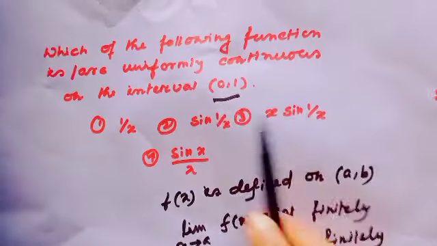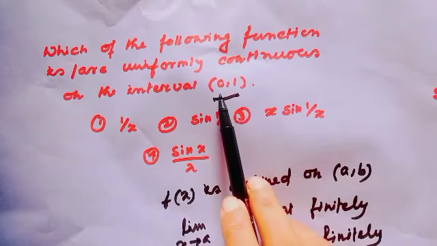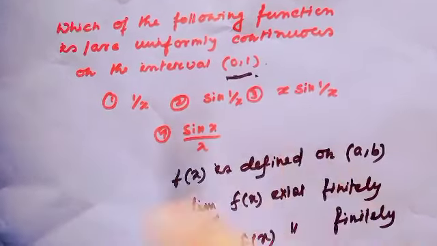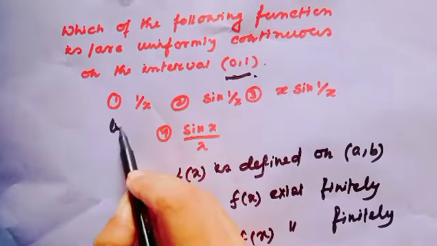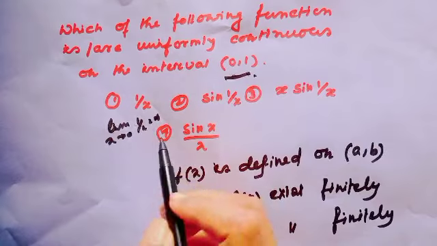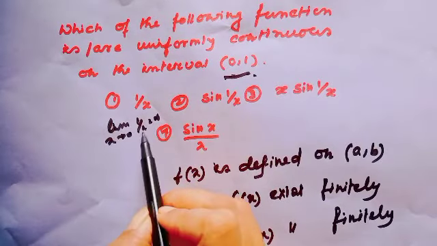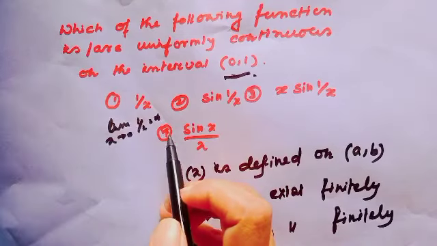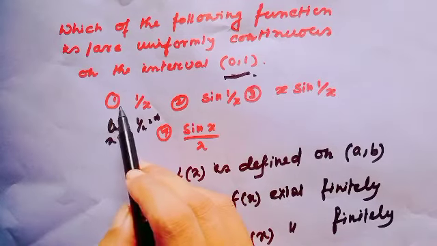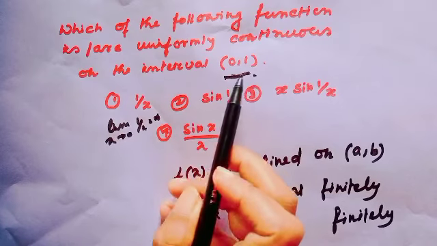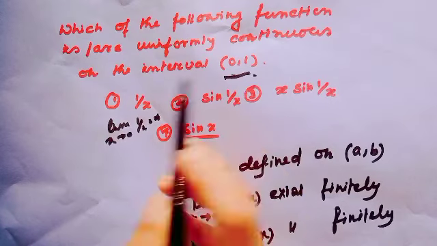And here notice, open interval 0, 1, we all of us know limit x tends to 0 of 1 over x equals infinity. So since this limit cannot be finite at the point 0, the function f(x) equal to 1 over x cannot be uniformly continuous on the interval 0, 1.